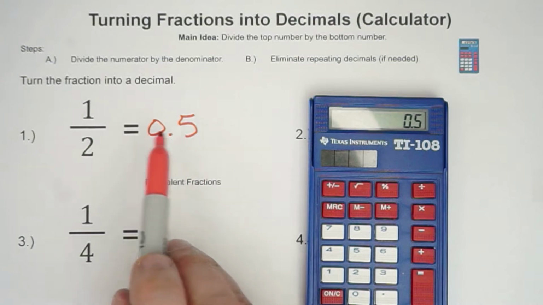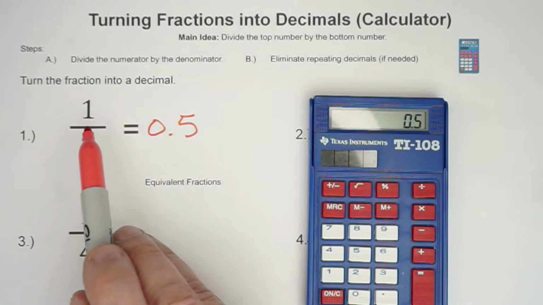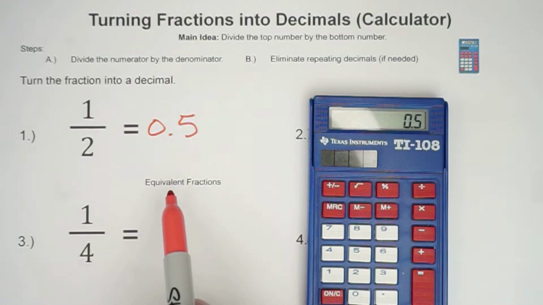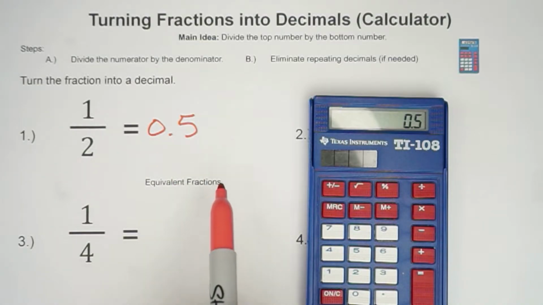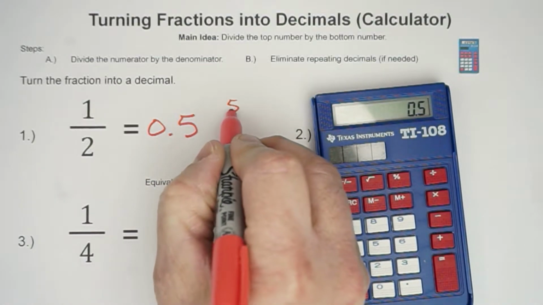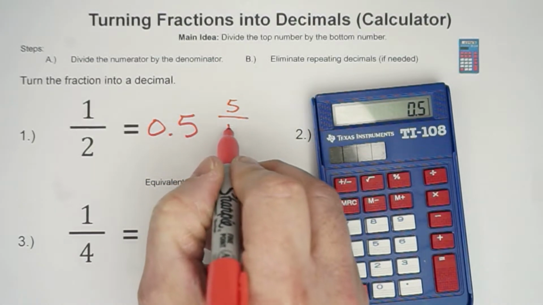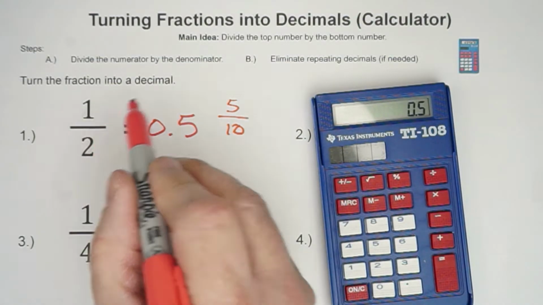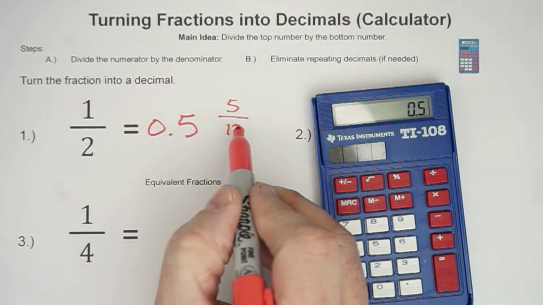Now the question is, well, wait a second, that has a 2 and that's 1/2 and that's a 5. But remember, this is an equivalent fraction. If I were to write the 5/10 over here as a regular fraction with a numerator and denominator, 1/2 is an equivalent fraction to 5/10.